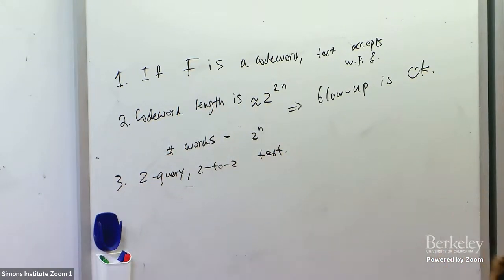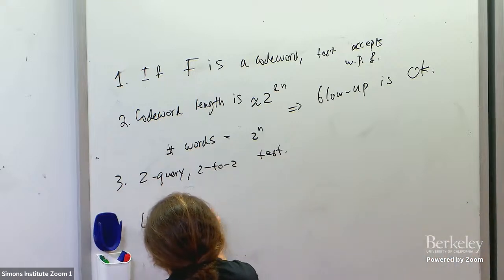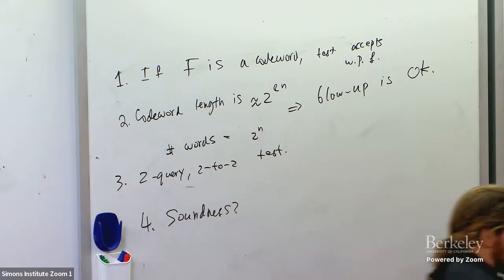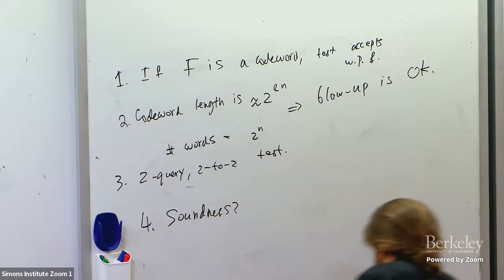So we only need to prove soundness, and then we're done with this lecture. But this is where life becomes complicated. What about the soundness? So this is really where all of the fun starts.